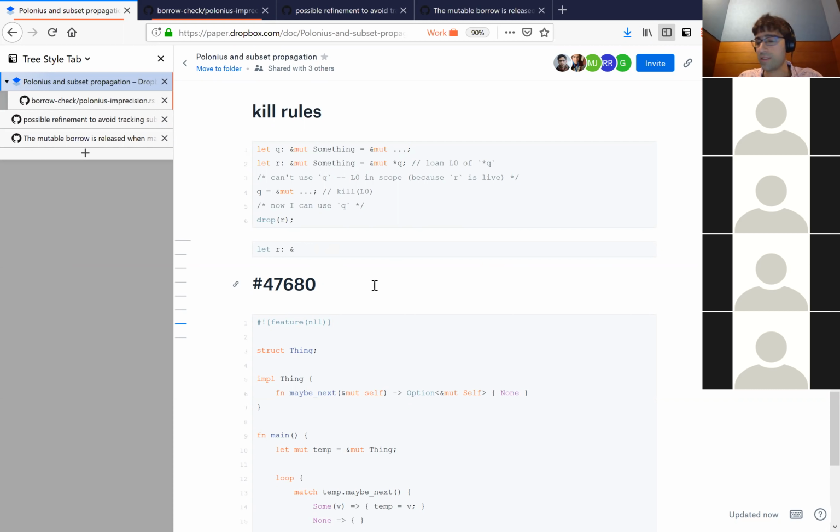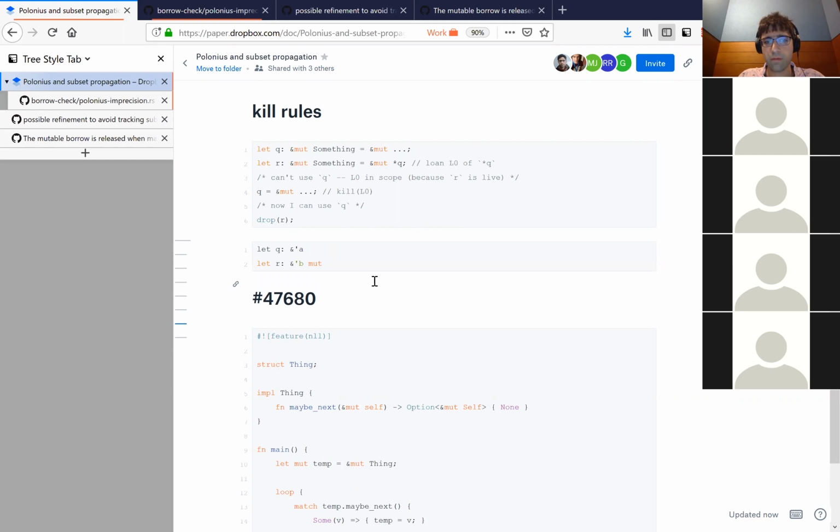So what we do, at least today in Polonius, if you have, let's see, how would this happen? Maybe it's not a soundness hole. Maybe I'm wrong. So if you have, what we do here, let's leave this aside.